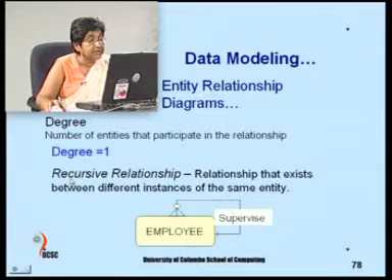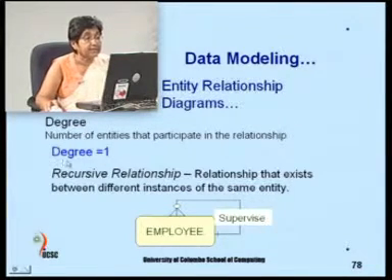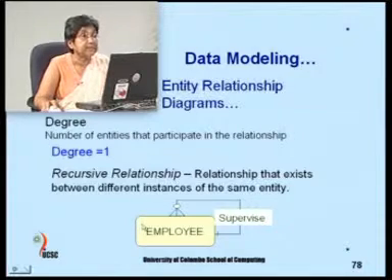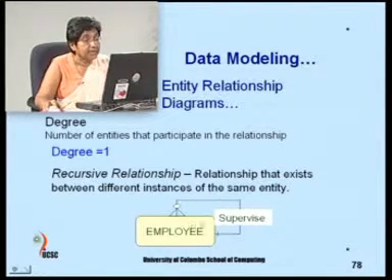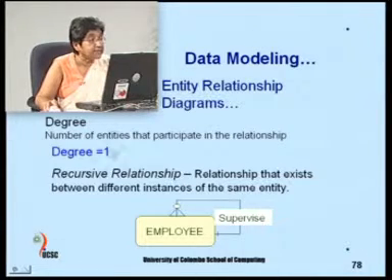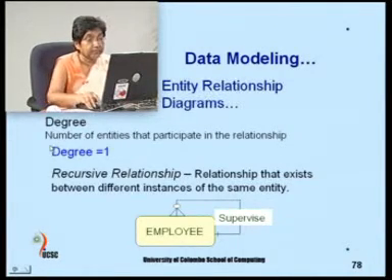So that kind of relationship is called a recursive relationship, and the number of entities that participate in this relationship is 1, because it is only the employee entity that is participating in this relationship, and therefore we call the degree 1.